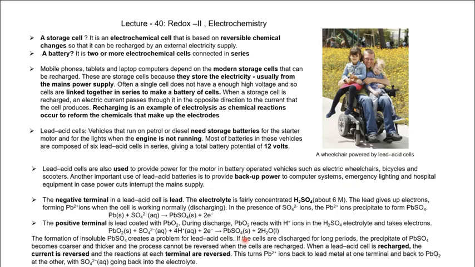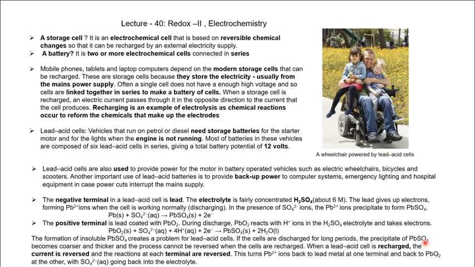And if we do not use a cell for a longer time, then we will see that the precipitate forms and you cannot recharge it. But when we recharge it, this precipitate dissolves and we get back the lead as well as lead dioxide. We have to remember this. If we don't use this battery cell for a long time, lead acid cells, then it will no longer charge because the lead sulfate, coarser and thicker, is deposited on the electrode.